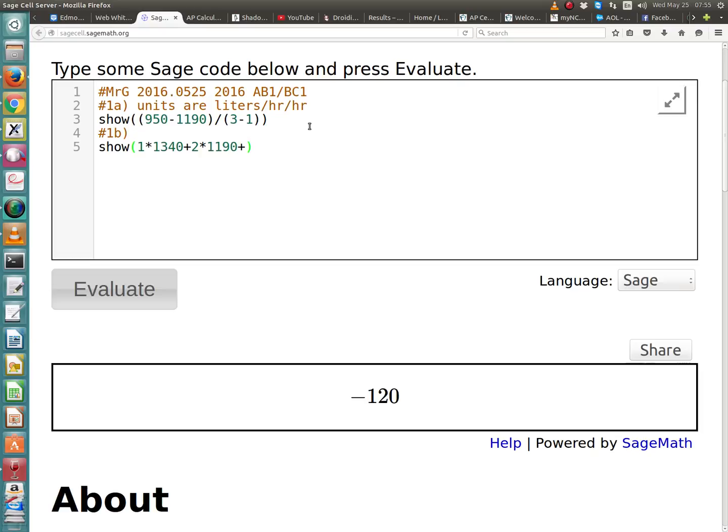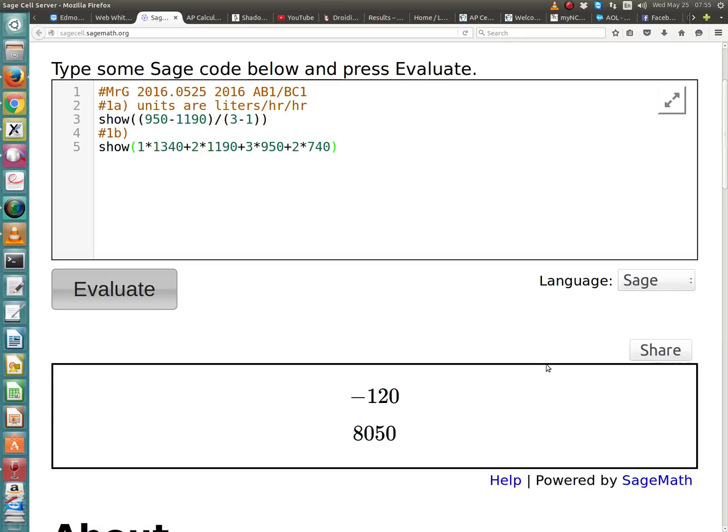Plus 3 times 950 plus 2 times 740, the last delta t of 2, right? And we didn't use the 700, and now you get 8,050. I know it was a couple weeks ago, but does this sound familiar, like the steps you did? Okay? All right.